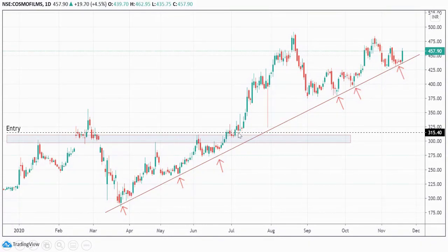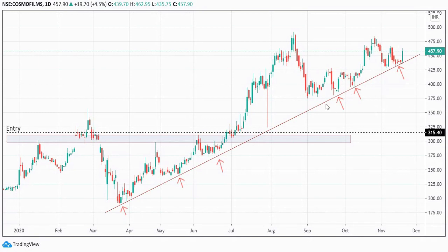From 315, the stock has already gone to more than 450 and the trade is still on. Your stop loss is somewhere around 430, which is 100 rupees or 33%. 33% in 5 months. Isn't it great? So this is how useful trend lines are.